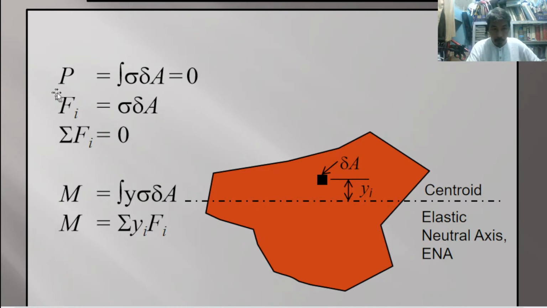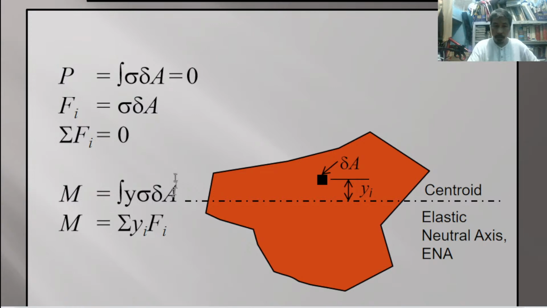Okay, so for Fi, meaning for every element, for every small part or small region, small element. No? So delta area or a small delta area multiplied by that stress in that point. So we'll have Fi. And then summation of that, so it's equal to 0.